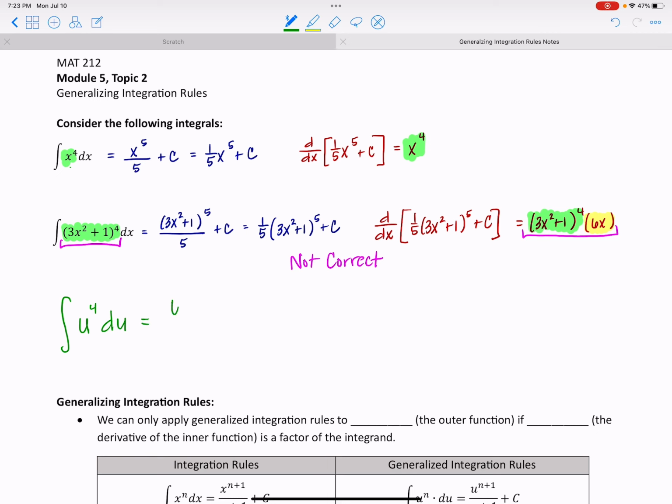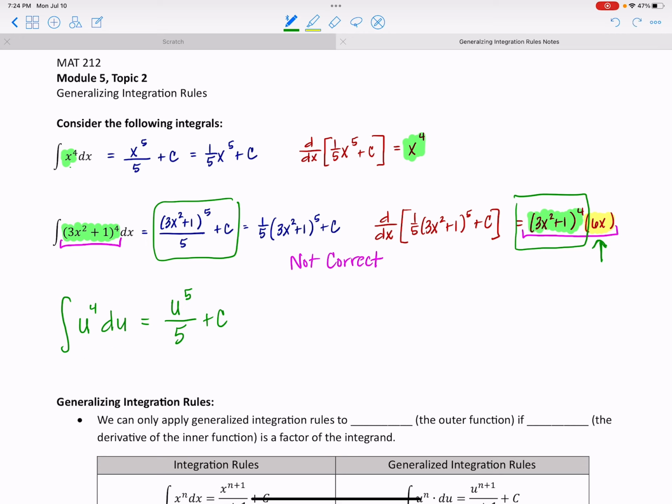So I would still have u to the fifth power divided by 5 plus my constant of integration. Sorry, I keep mixing those words up. Right, so this piece here did get us this correct part of the answer, but in order for us to do it, we have to have this as a factor of the integrand. So the derivative of the inner function, in this case I'm calling it u, has to be there.